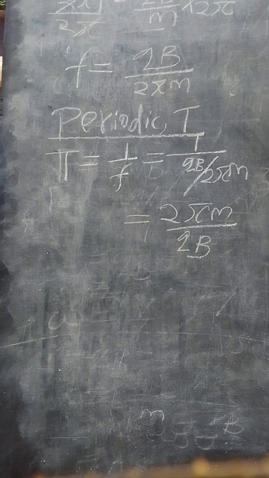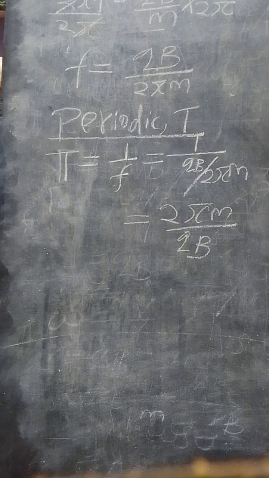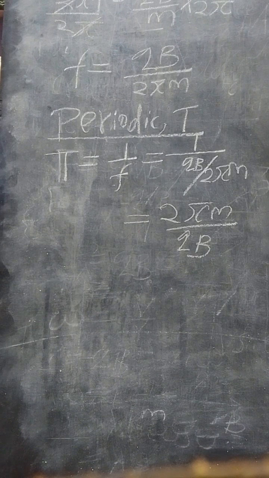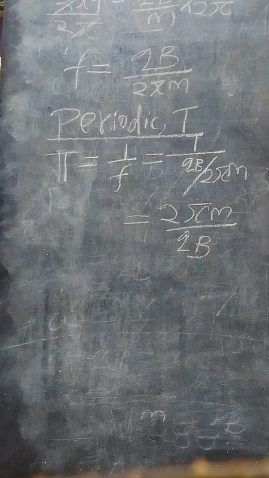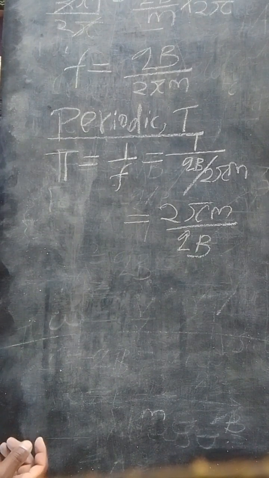Now, if we want to calculate the radius of the path, remember we had said charged particle will be moving in a circular path as it enters into a magnetic field.